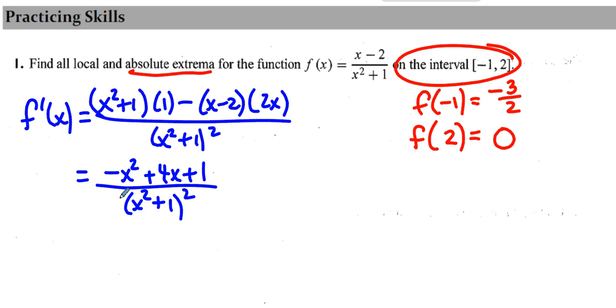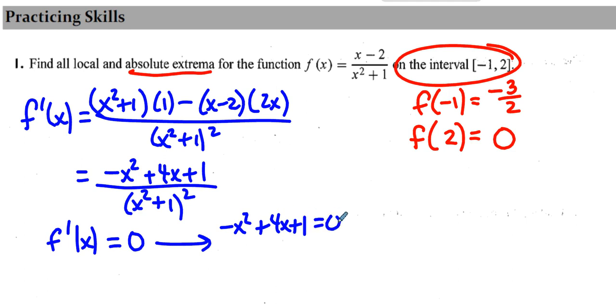This denominator will never be 0, so we do not have to consider f prime being undefined. We do have to consider where f prime is 0, and that happens where this is 0, and by the quadratic formula, this happens at 2 plus or minus the square root of 5.